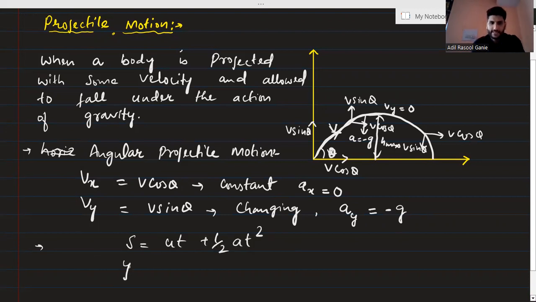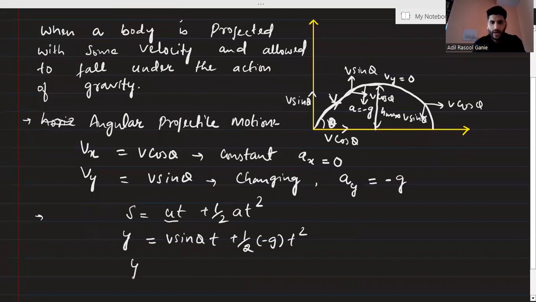If y is the displacement along the vertical direction, and the initial velocity along the vertical direction is v sine theta, t is the time, plus half, the acceleration is minus g, times t square. Therefore we get y equals v sine theta into t minus half g t square.